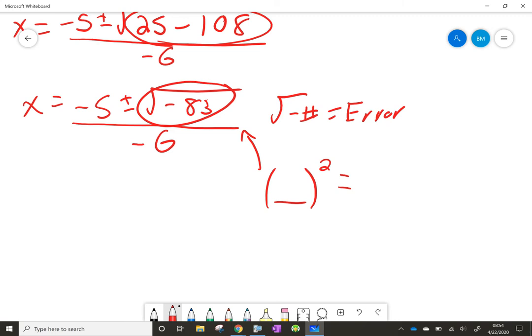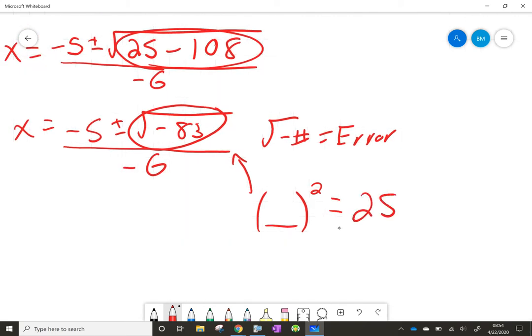So in the previous problem, remember we had 25 there. So we were saying, hey, what number do I square to equal 25? And we know that number is 5, so the square root of 25 is 5. But in this case, I'm asking what number times itself equals negative 83? And this is impossible, not because it's 83, but because it's negative.